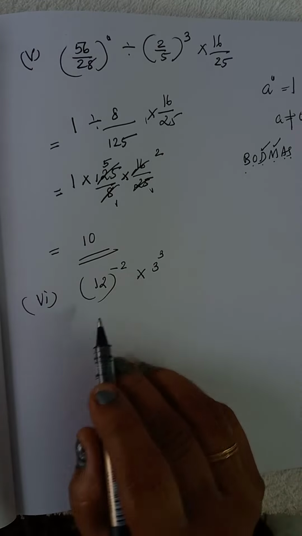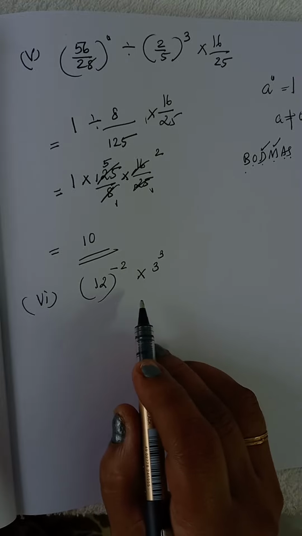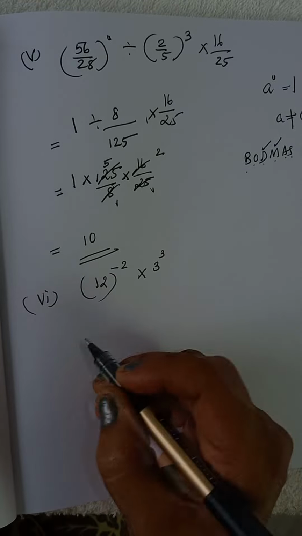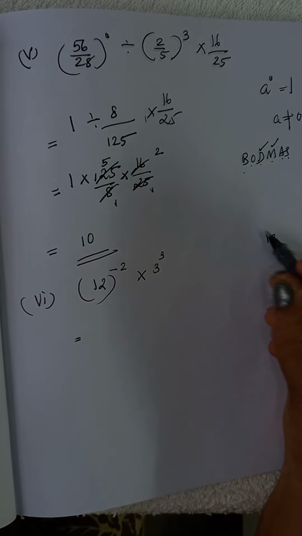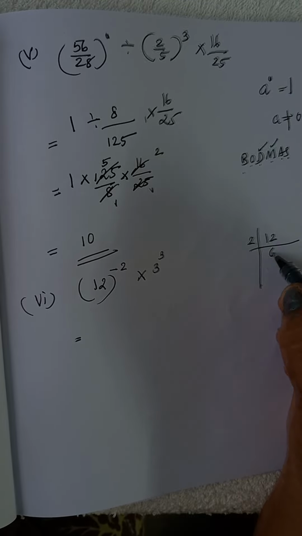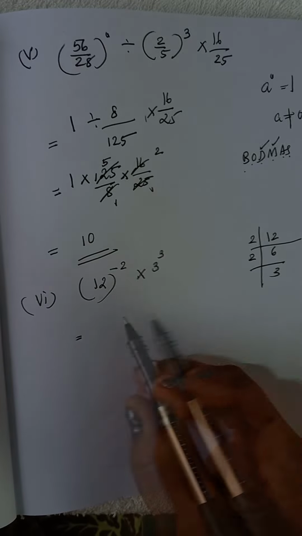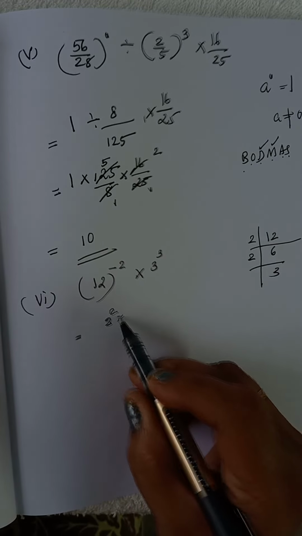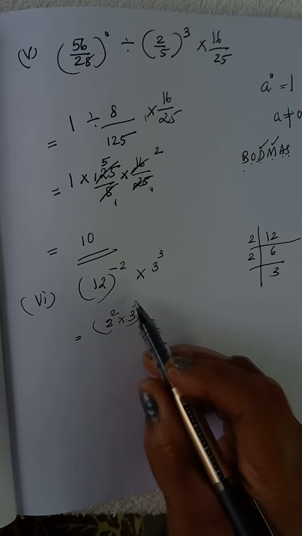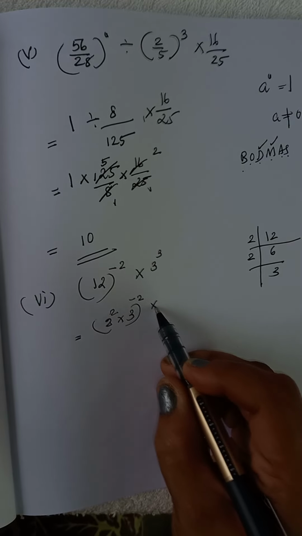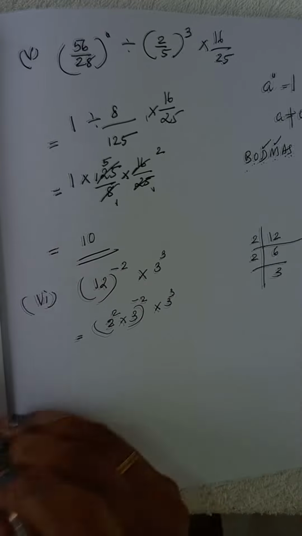Now the sixth question is 12 raised to minus 2 into 3 raised to 3. Now this is equal to, 12 we can factorize, 2 times 6, 6 is 2 times 3. So 12 can be written as 2 raised to 2 into 3. Now that raised to minus 2 into 3 raised to 3.